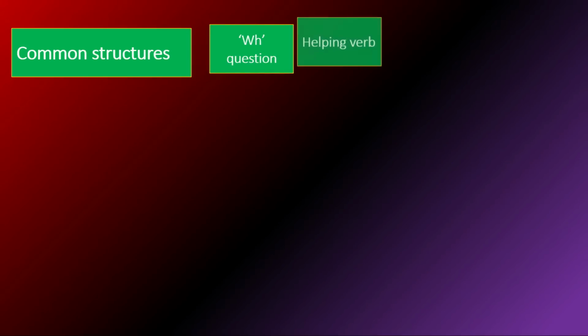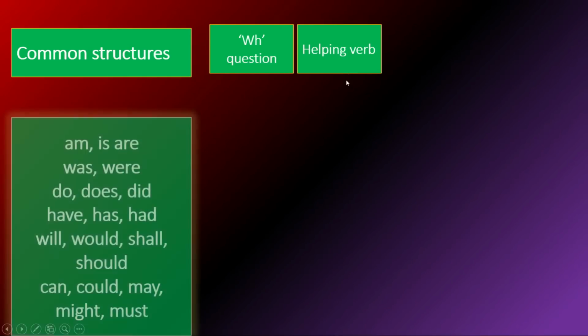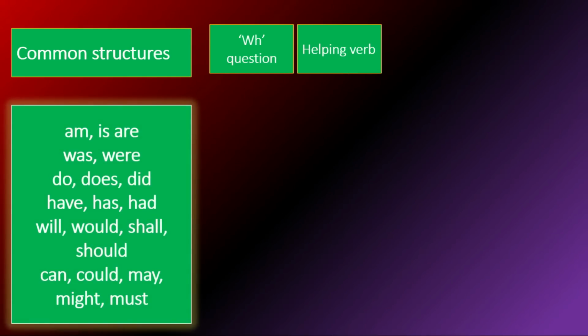Okay, let us follow the same procedure here. Before we proceed further, we have to understand the common structures used in making questions. I have a few of them listed here with examples. Now, the first structure I am going to deal with is WH question and then helping verb. Now, you might wonder what helping verbs are.